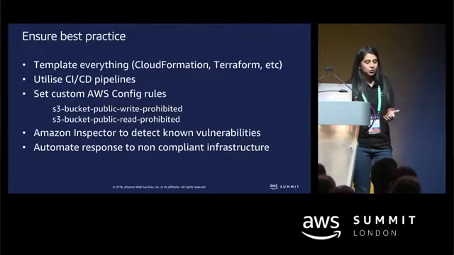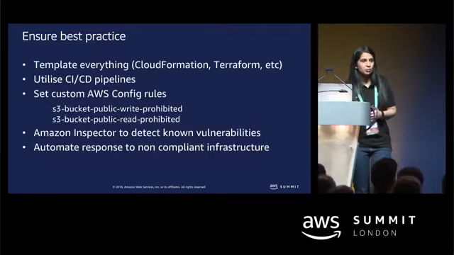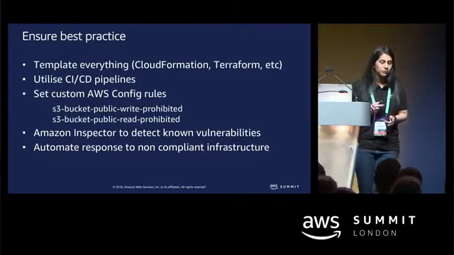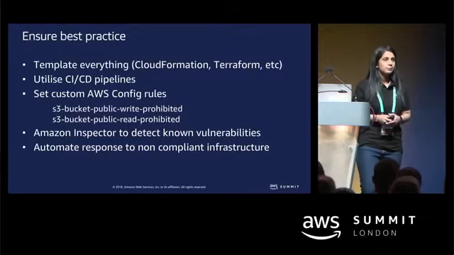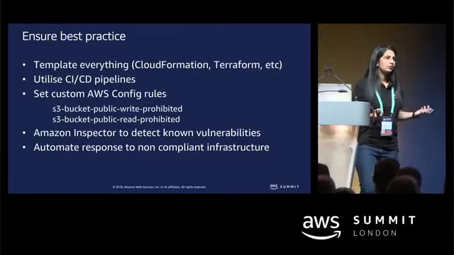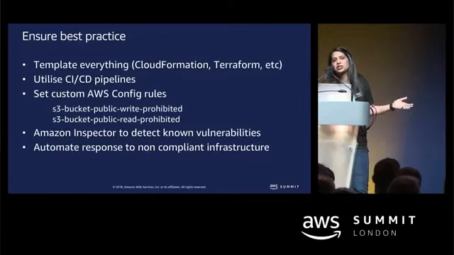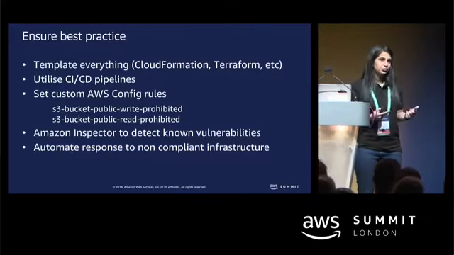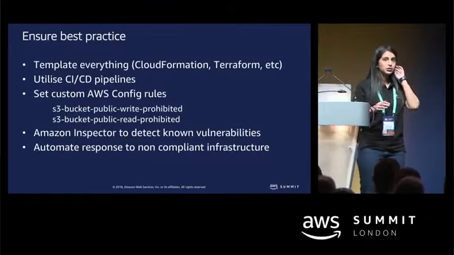And then, of course, you have S3 bucket public read prohibited, which, again, automatically checks for global public read access to your bucket. So it could be anything from web services to your documentation that you have available. Both of these rules check all of the buckets throughout your account.